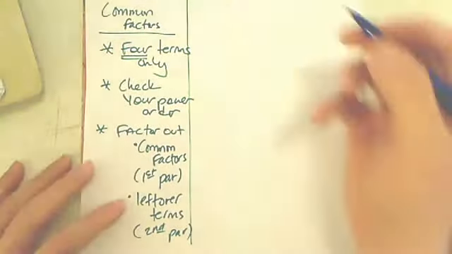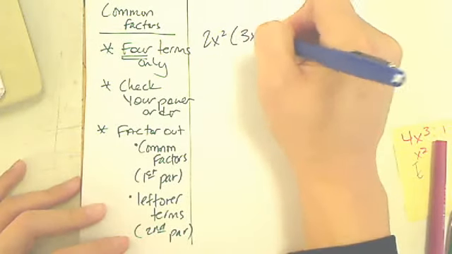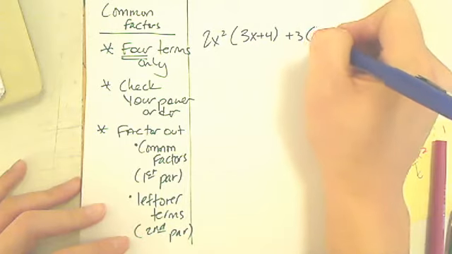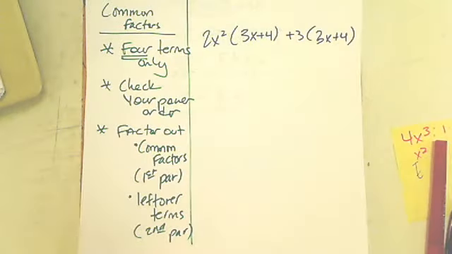Let me zoom out. Okay. What do I mean? 2x squared times 3x plus 4, plus 3 times 3x plus 4. What do you notice?